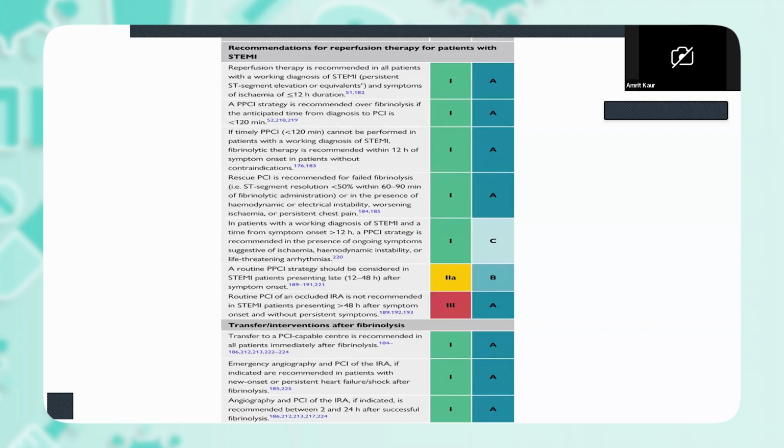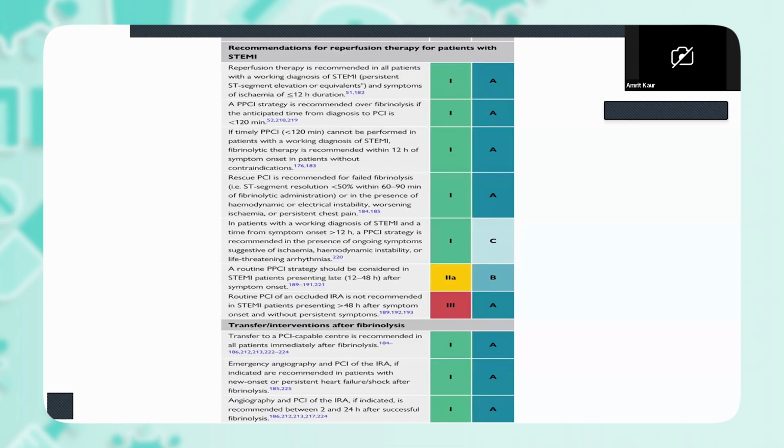You do not do a reperfusion therapy. So our guidelines basically stop at 48-hour onset. Till 12 hours, we are doing. Between 12 to 48 hours, we consider. But after 48 hours, a patient who is hemodynamically stable, we do not do reperfusion therapy.